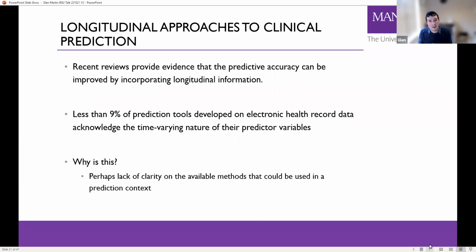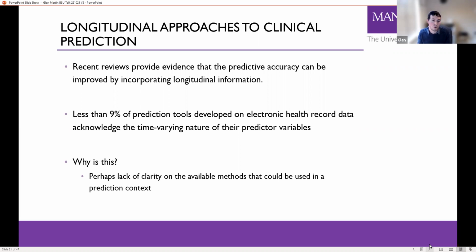But actually, increasingly, a lot of these prediction models are developed using electronic healthcare records or routinely collected data, wherein we have access to repeated measures of predictor variables about an individual. But what previous studies have shown is that very few prediction models utilize that longitudinal information.